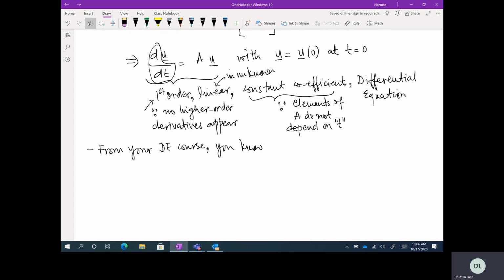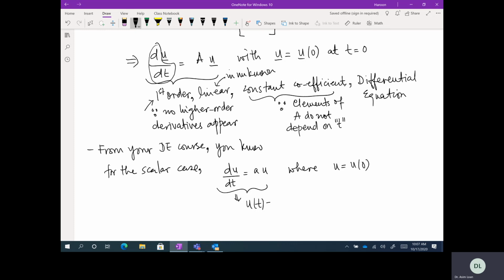Just to recap, for the scalar case, du over dt equals a u, where u equals u naught at the start, and the solution for this is an exponential, because exponential solutions satisfy this differential equation. If u is an exponential, d over dt of u would be an exponential, so obviously an exponential satisfies the differential equation.